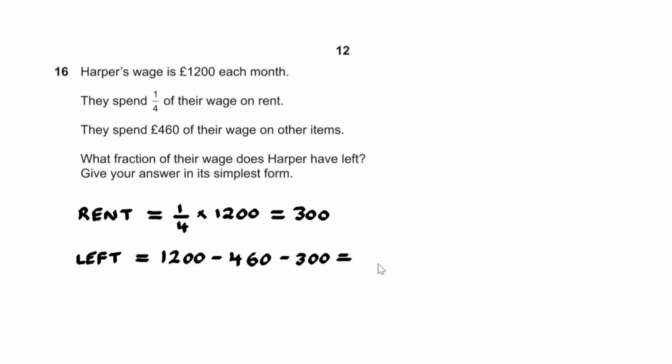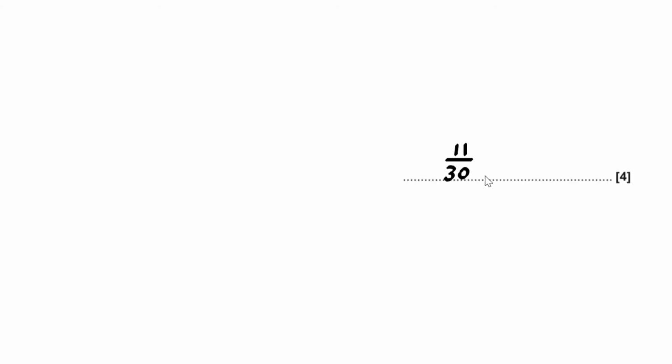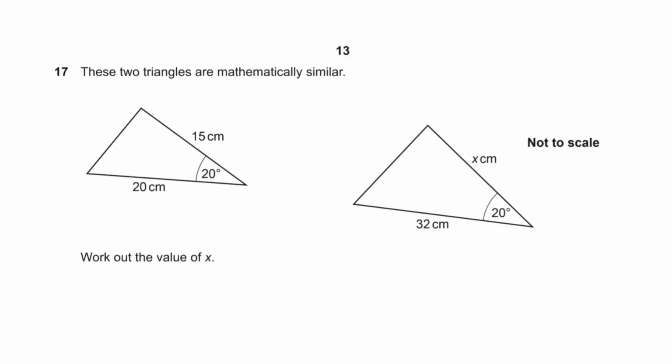So the amount that they have left over is equal to 440. So now what we can do is find out the fraction which they have left. We have 440 divided by 1,200. And if we work out what this is equal to, we get 11/30. So we have 11/30.